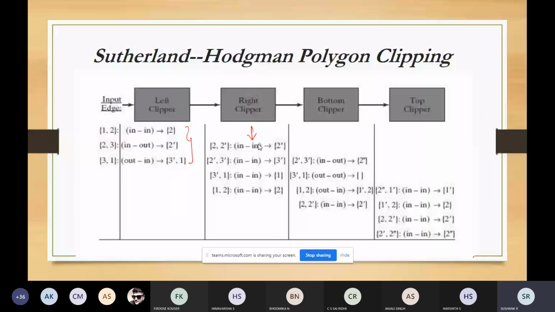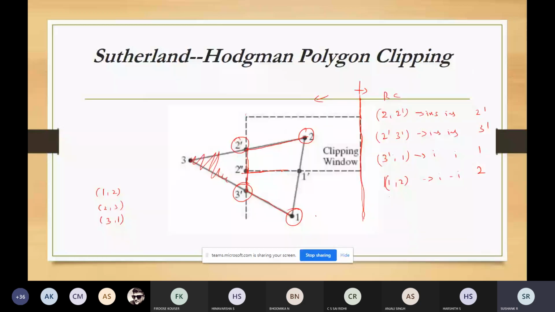So after this, what is my next processing? Bottom clipper. This is my bottom clipper. For this bottom clipper, how to process it? The edges will be 2 dash, 3 dash, 3 dash, 1, 1, 2, and 2, 2 dash, like the cyclic order.